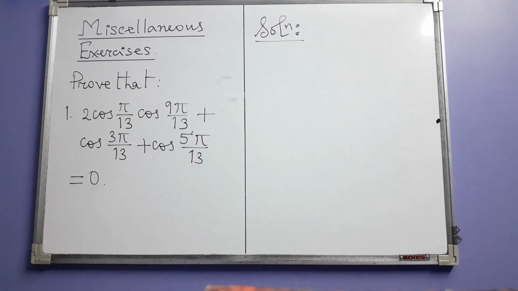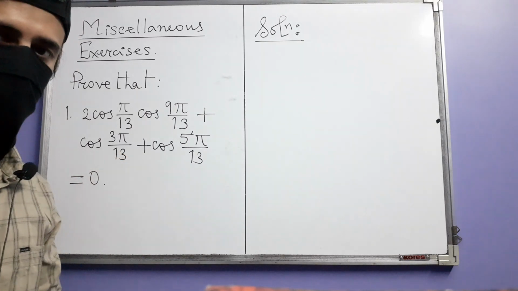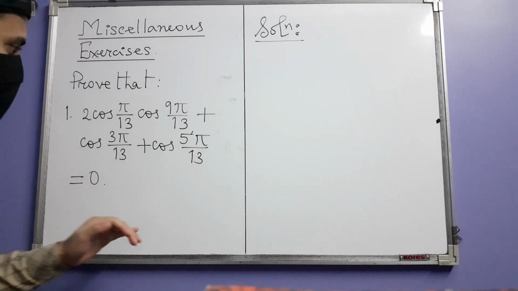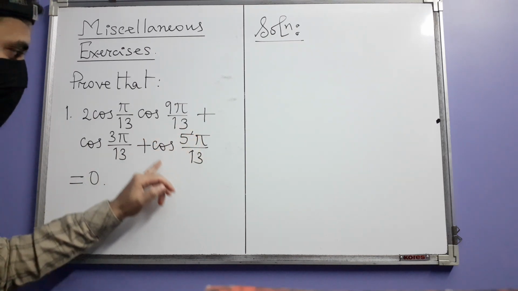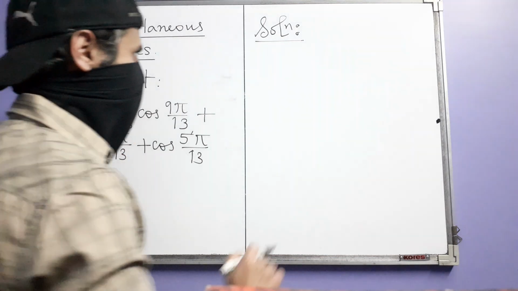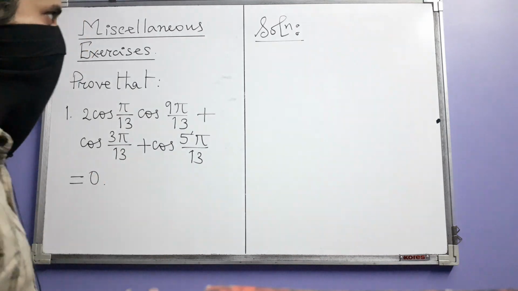So what is the strategy here? We are going to apply the cos C plus cos D formula to these last two terms. And there also we are going to write this one first followed by this one. You will see why. It's not necessary, but it will give you a little advantage.